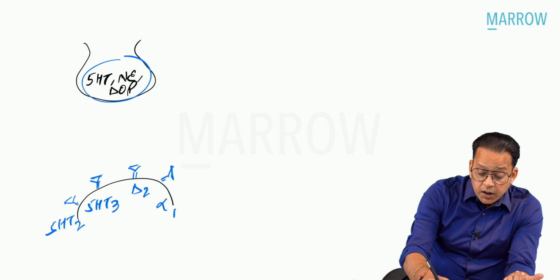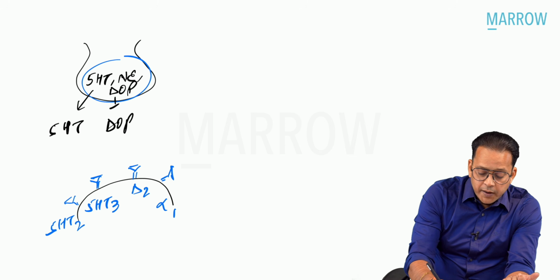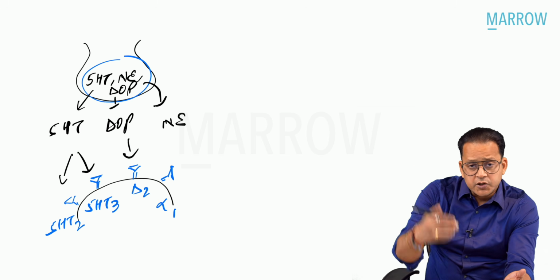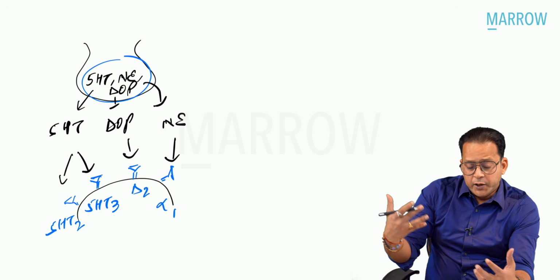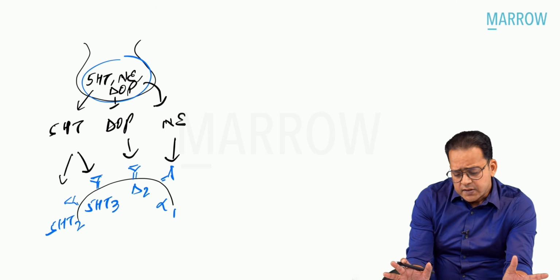Now guys, whenever these neurotransmitters are released, like serotonin, dopamine, norepinephrine, these ligands will bind to different receptors. Serotonin will bind to 5-HT2, 5-HT3, norepinephrine will bind to alpha-1. All right, this much we know from the autonomic nervous system.